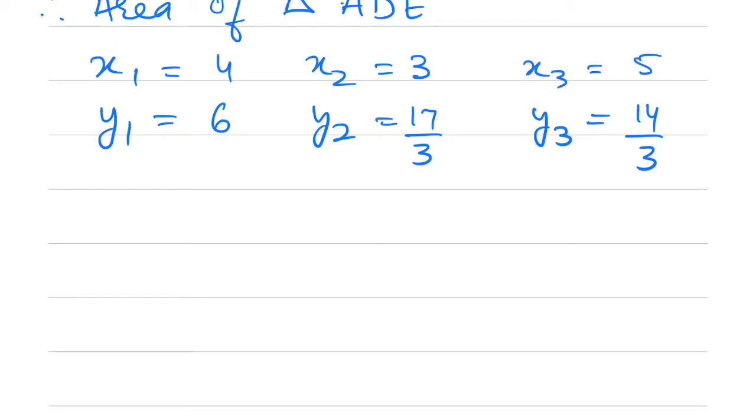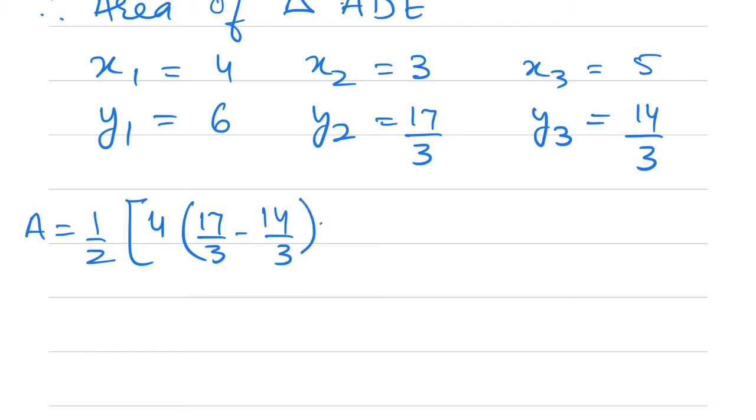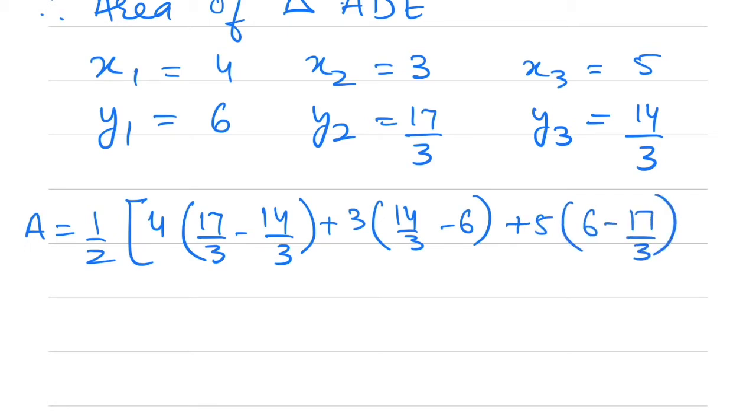So now let's substitute. So area is equal to half into 4 into (17 by 3 minus 14 by 3) plus 3 into (14 by 3 minus 6) plus 5 into (6 minus 17 by 3).